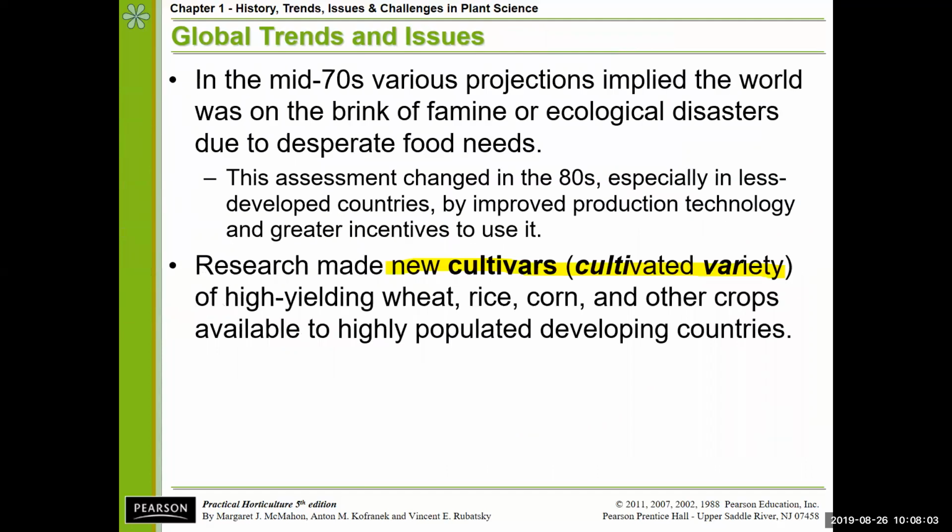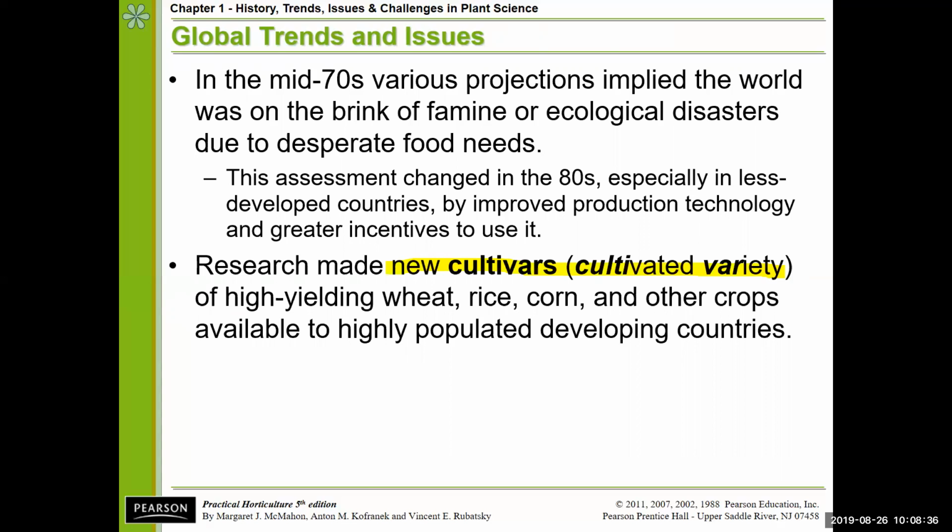All right, so one way that we deal with that, and this goes back to why it's important to study these centers of origin and centers of diversity that Nikolai Vavilov set out. The big thing there is the development of plants that utilize fewer nutrients to produce greater crops. So we look at plant breeding. Initially, in the agricultural revolution, we think it was probably a mistake.